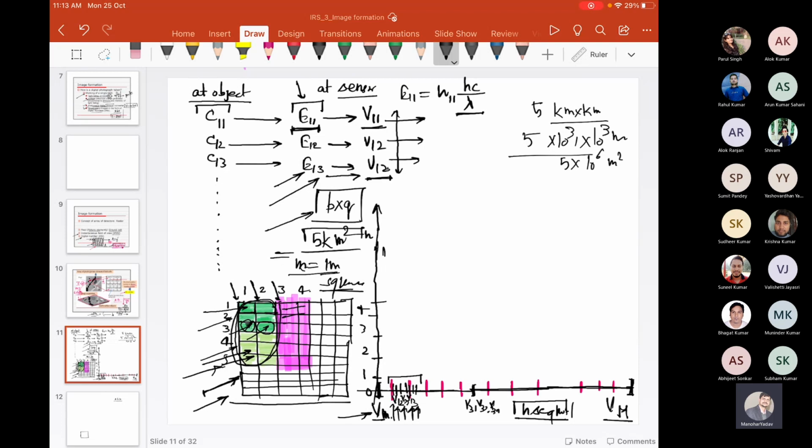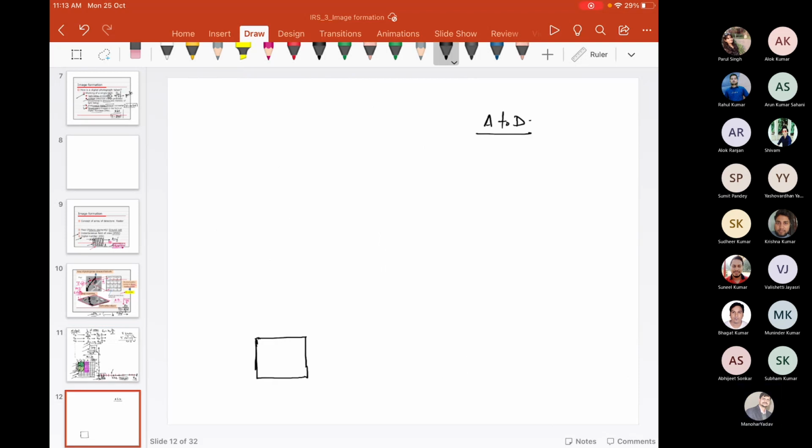In the case of an A to D converter, if you see this diagram, on the independent axis we have the voltages, while on the dependent axis, that is the y-axis, we have the digital numbers. So again, I would like to discuss that part.